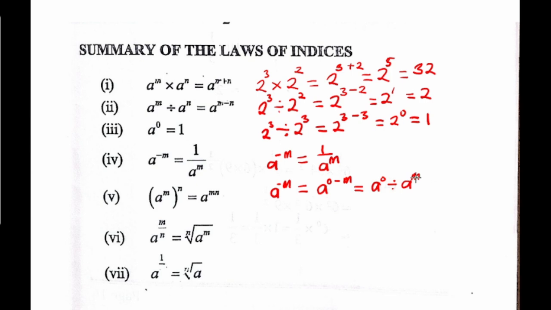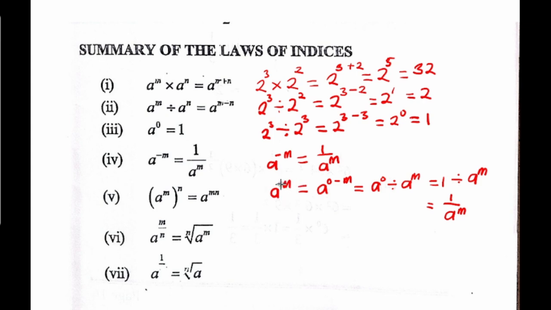And we already said in the third law that any number raised to the power of 0 is 1. Therefore, this becomes 1 divided by a to the power of m, which can also be written as 1 all over a to the power of m, which gives us what we are looking for.